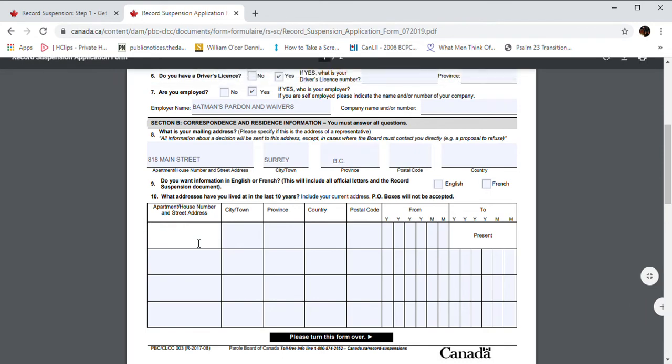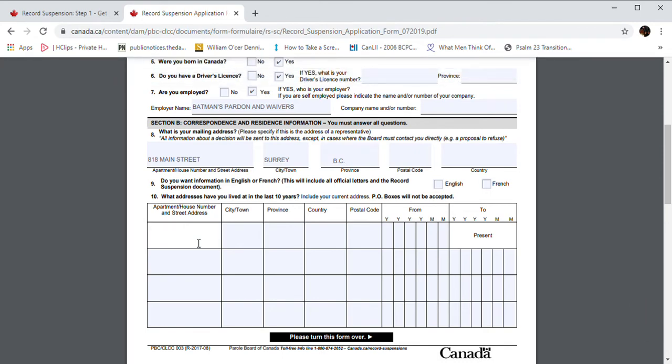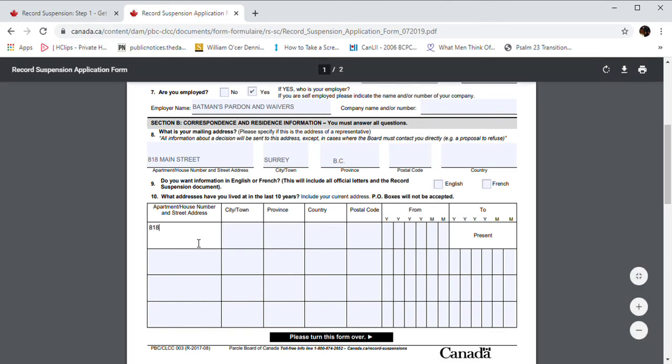Okay, now here they want to know where you live for 10 years. Now I believe on the local police check I said I had been there since '04, so 818 Main Street, Surrey. I keep forgetting to make it nice and pretty. You guys don't have to make it nice and pretty. It's just a personal thing with me.